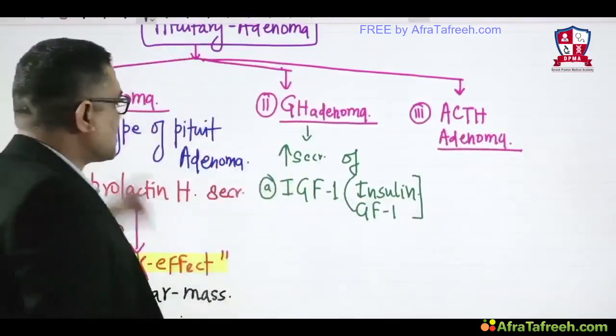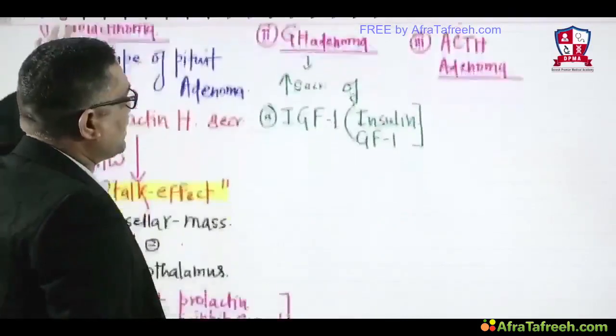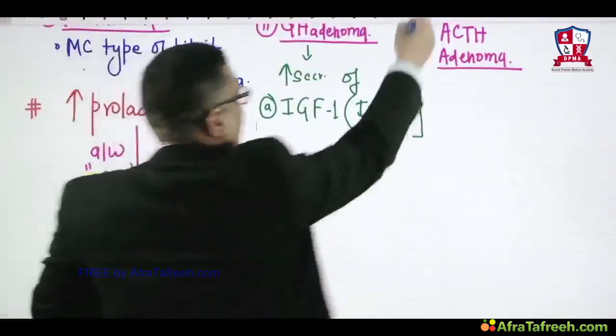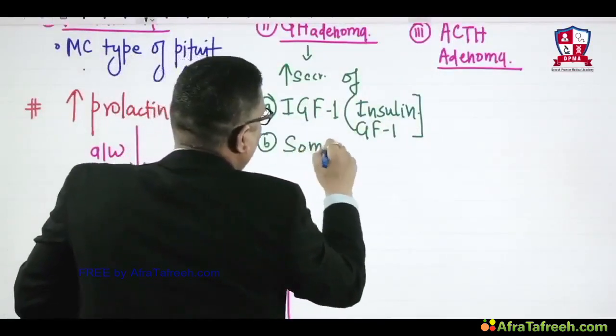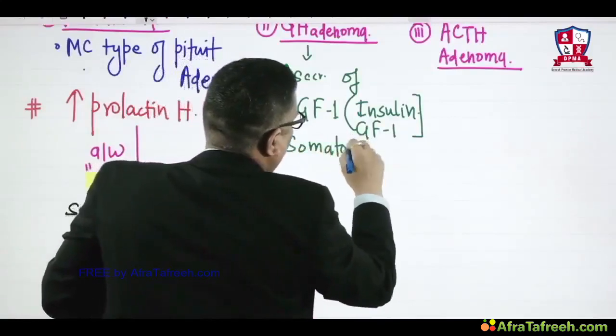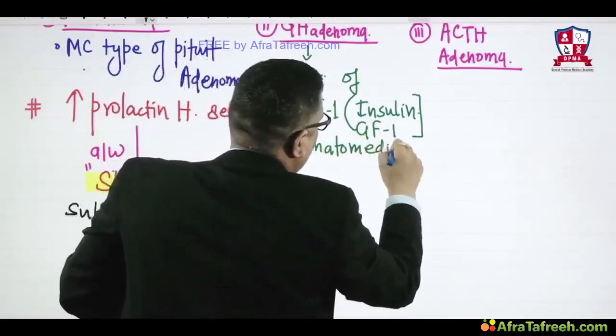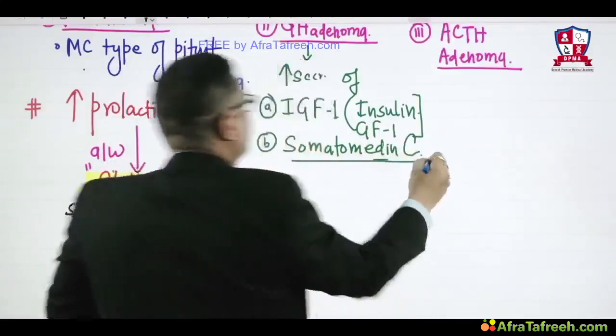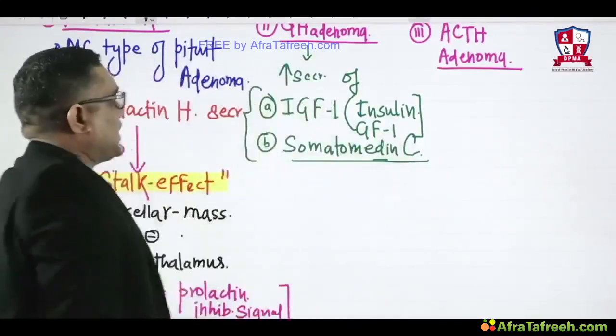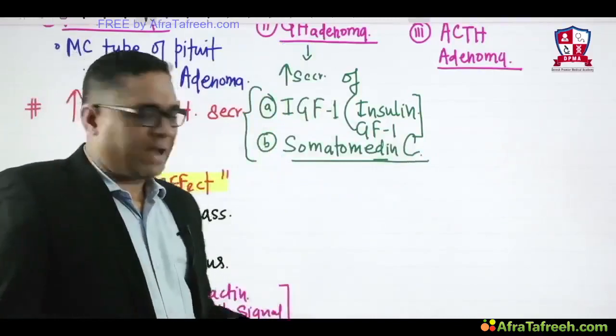There will be increased secretion of IGF-1 in growth hormone adenoma, and there will also be increased secretion of somatomedin C. These are the hormones which will be excessively released.